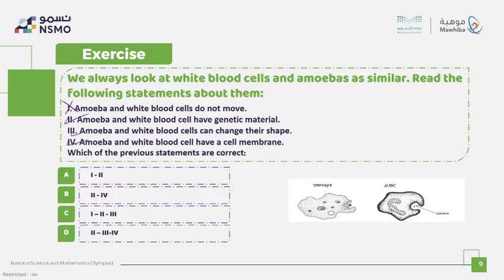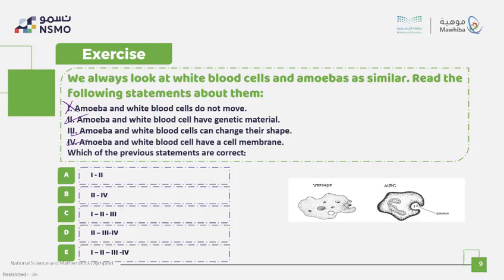Before we go for it, let's analyze the picture. The image shows both amoebas and white blood cells extending pseudopodia, and this confirms they move and change shape similarly. So obviously, the right answer would be, what is it?